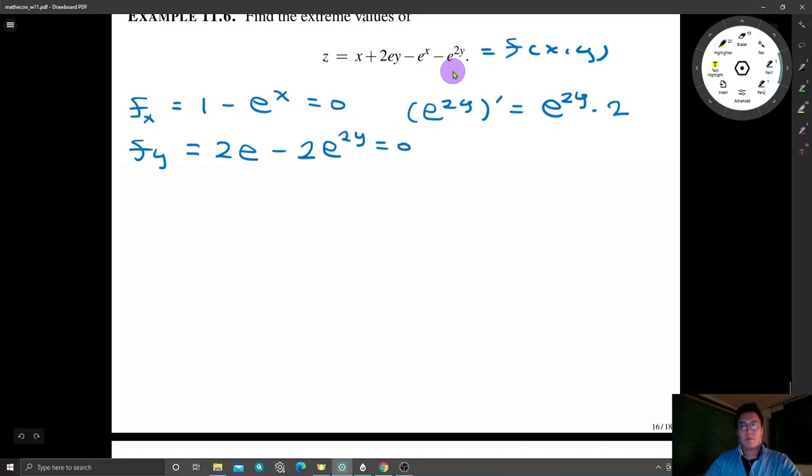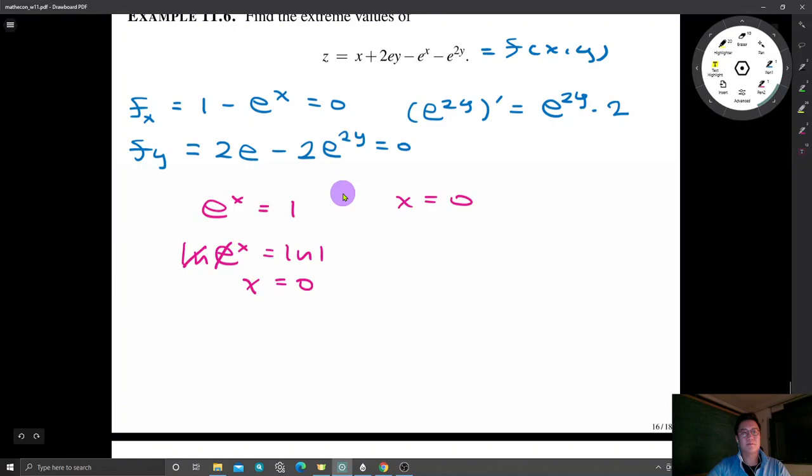Yeah? So when x is equal to 0, no matter what the base, we always have 1. Okay? And that is the unique solution to this equation. The natural exponential function takes value 1 at the unique point when x is equal to 0. Okay? So from the first equation, we can find the value of x.